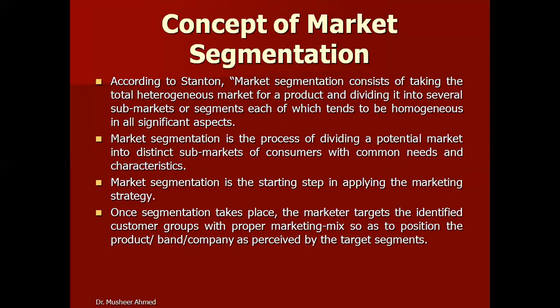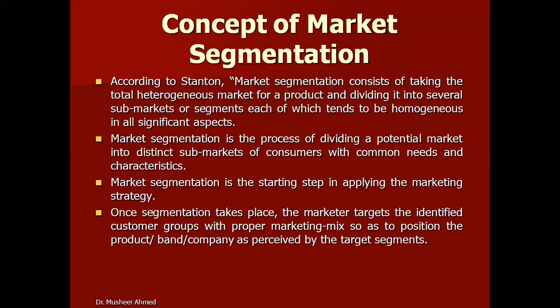Market segmentation is a process of dividing the potential market into distinct sub-markets of consumers with common needs and characteristics. As I have already told you in the one-line definition, market segmentation is the process of dividing the heterogeneous market into homogeneous groups and subgroups. That is what this gentleman has said in his own words, right?